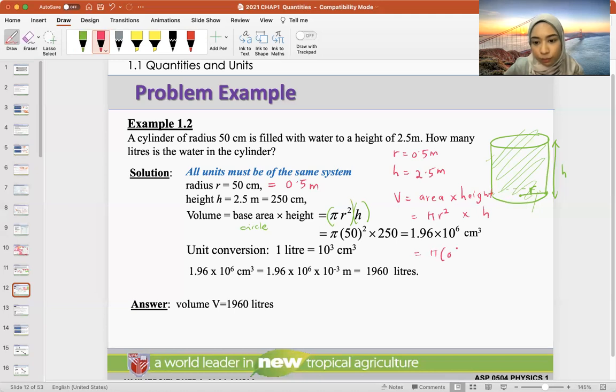Pi times 0.5 squared times the height 2.5, and then I will get the answer using my calculator because I don't have a computational brain. 0.5 squared times pi times 2.5. So I get 1.96.